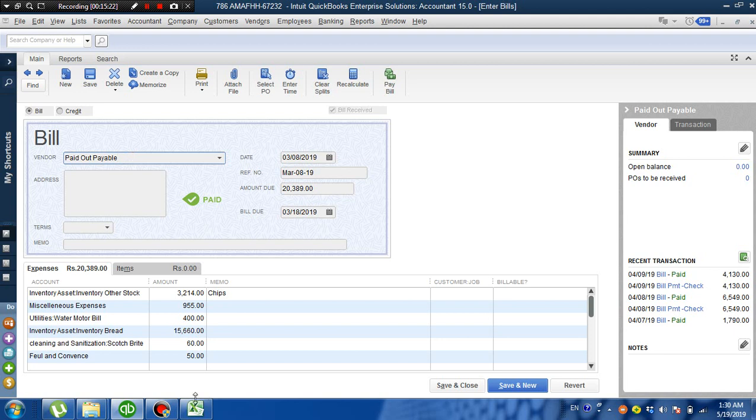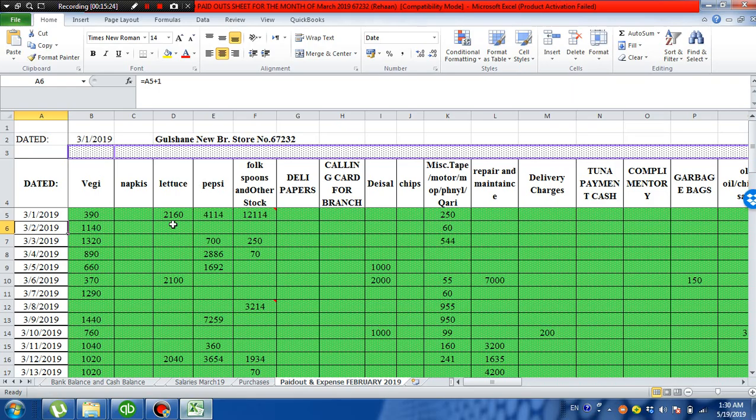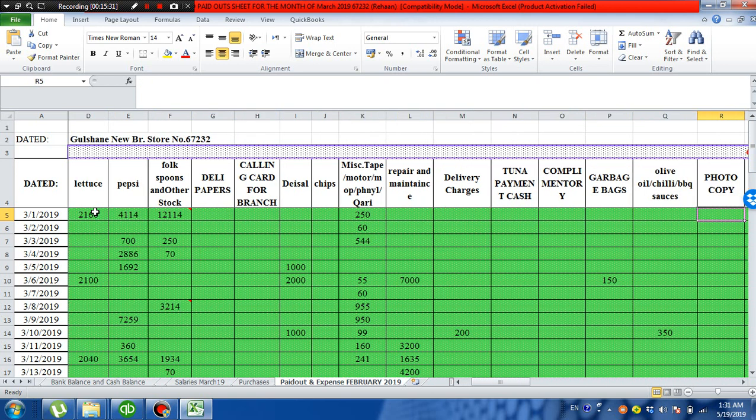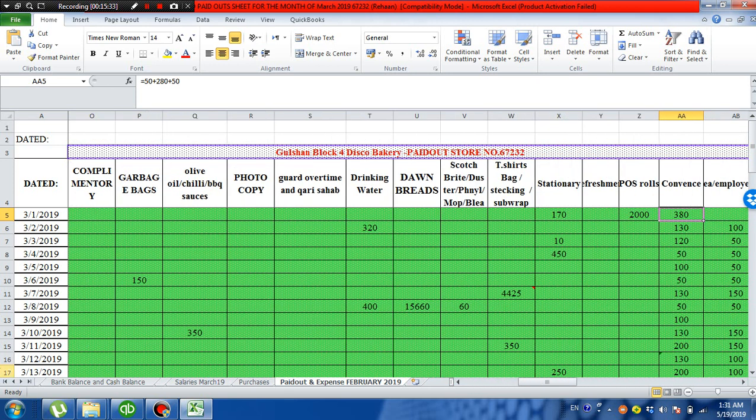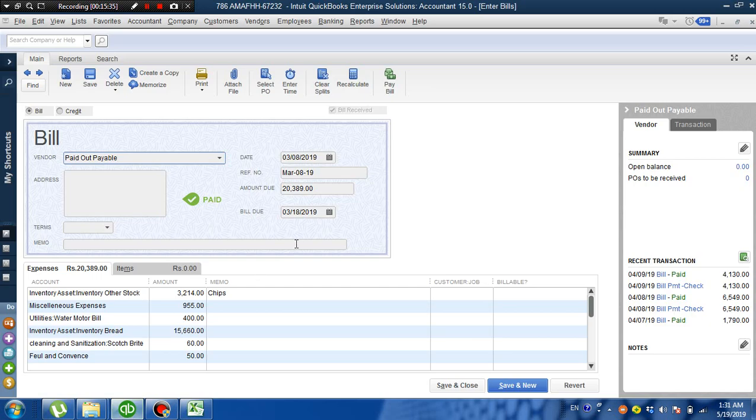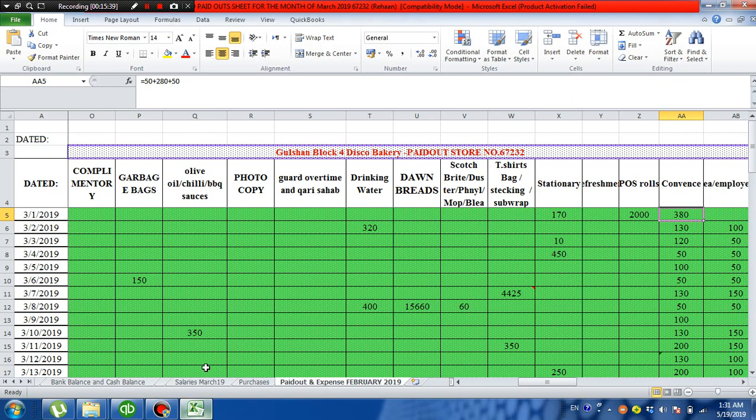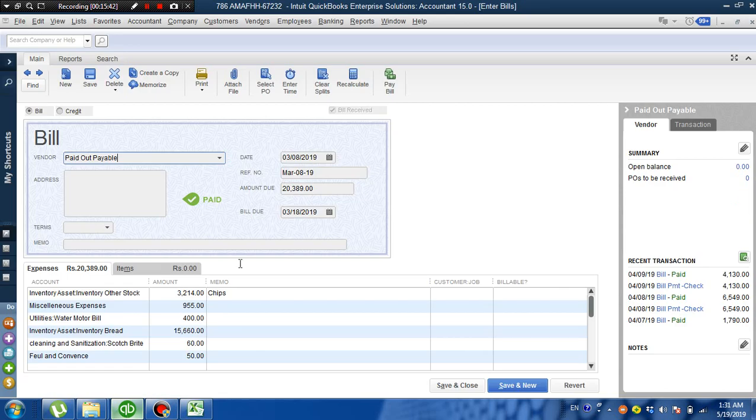Every day's paid-out expenses are written in one day purchase invoice, and then this invoice is paid. Since these expenses are done in cash, but we make an invoice, then we receive the cash from the invoice, and then we pay this invoice. This way we deal with all these paid-out expenses.